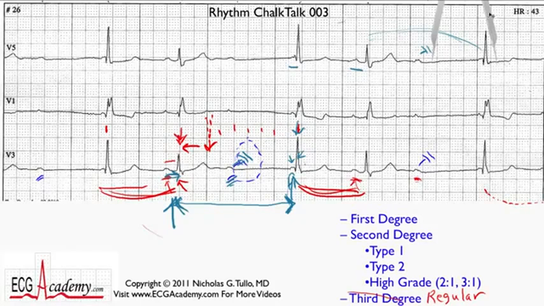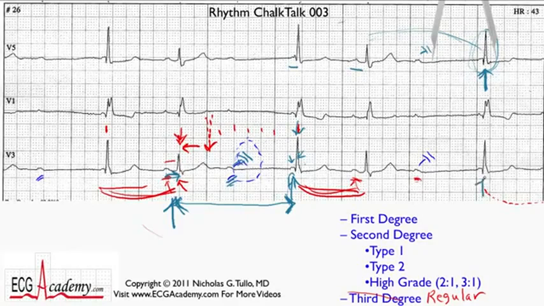Well, the answer is wrong there because this is one of the exceptions to the rule, because this QRS complex here is, in fact, not conducted. It occurs earlier because the focus in the conduction system fired prematurely and allowed this beat to break the Wenckebach rule.